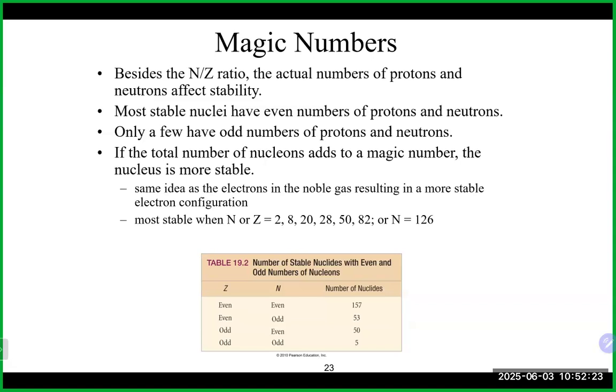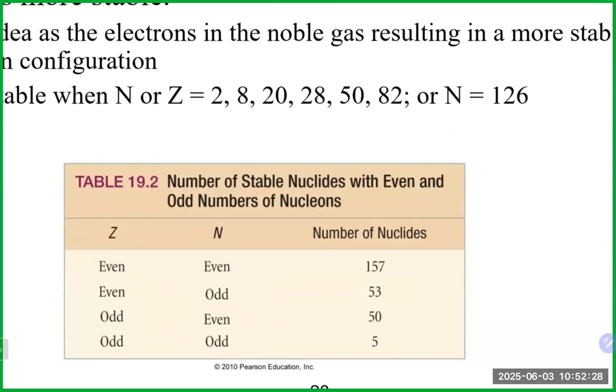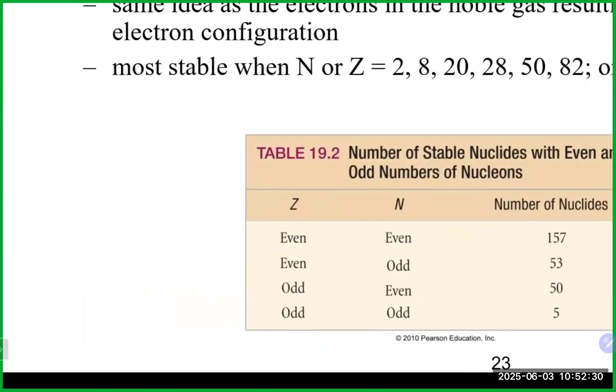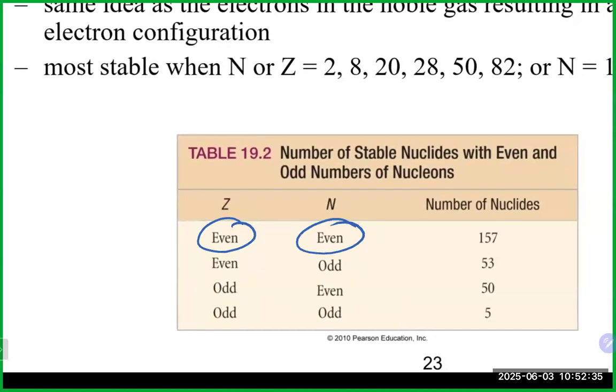As you see from the table on the bottom, which you have a similar table, I think, in your book as well, really the best situation for stability is when you have even protons and even neutrons. You can see there's 157 stable nuclei in that arrangement.